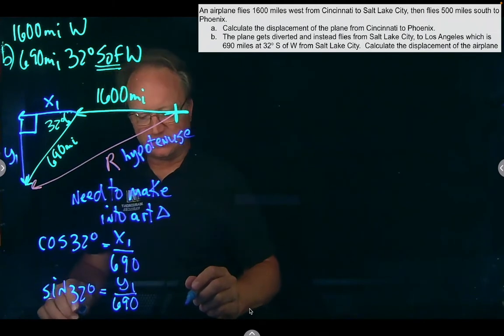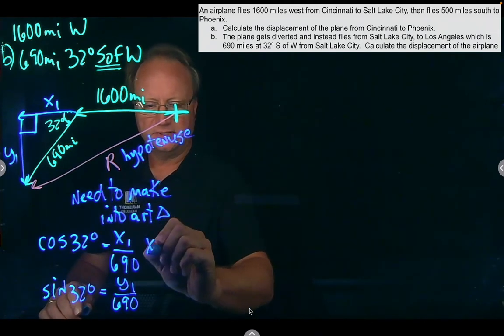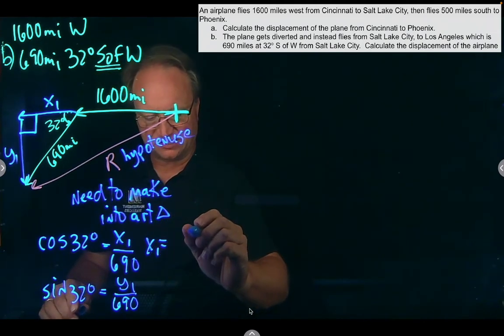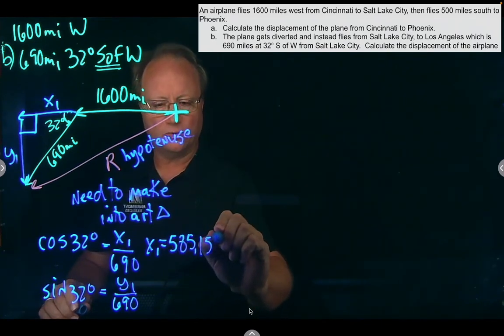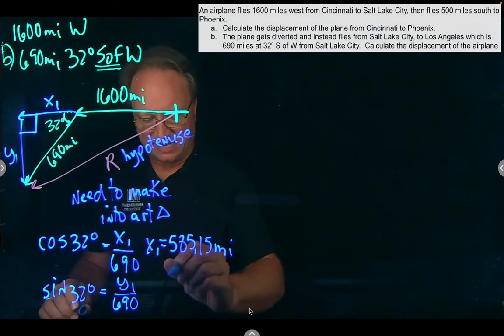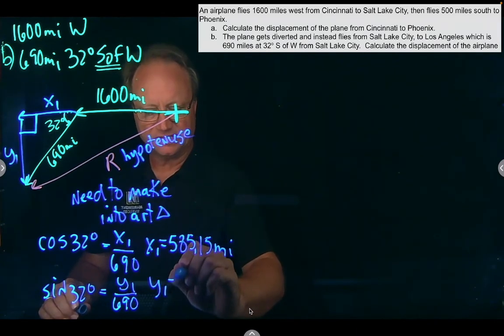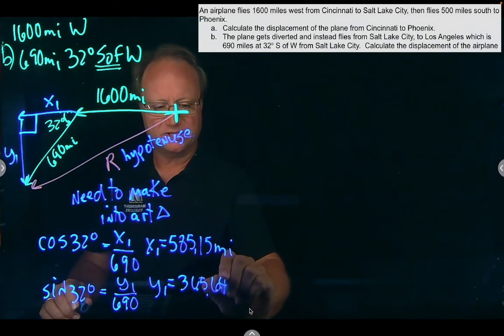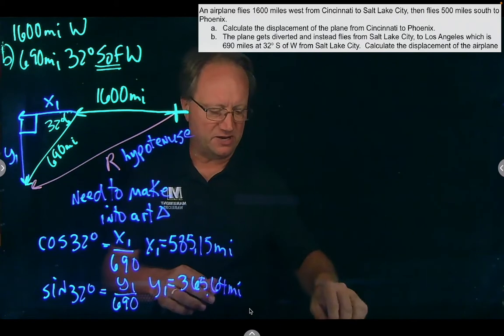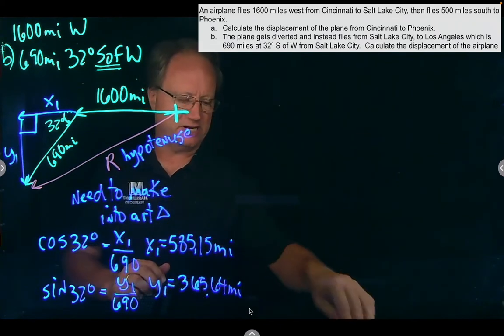So then if we calculate those two values, x1 comes out to be 585.15 miles, and y1 comes out to be 365.64 miles.